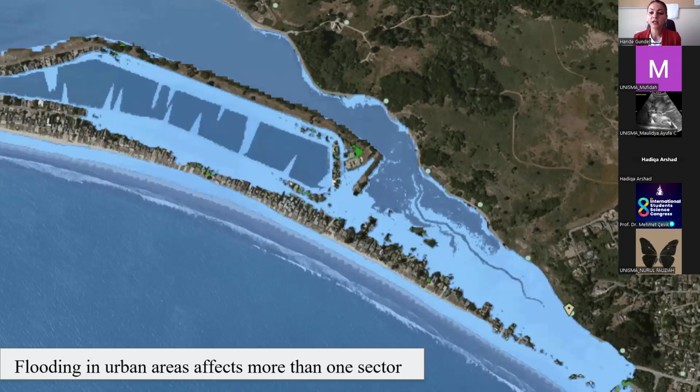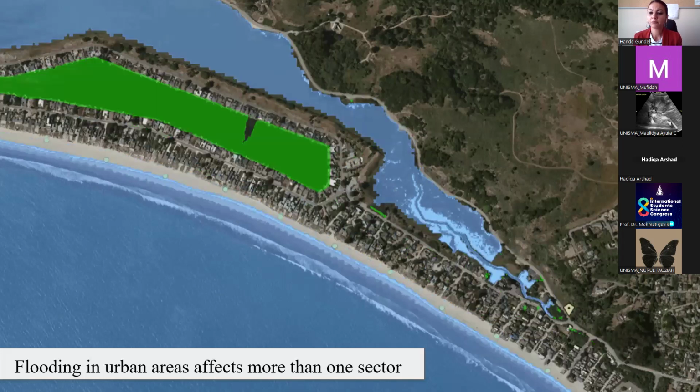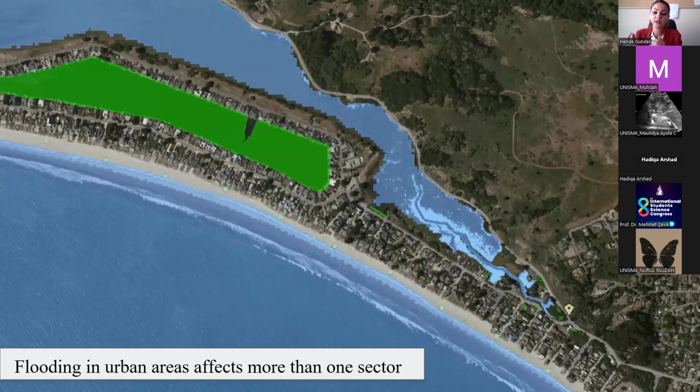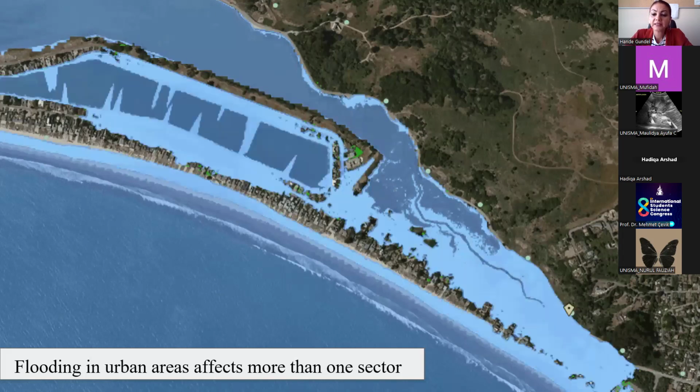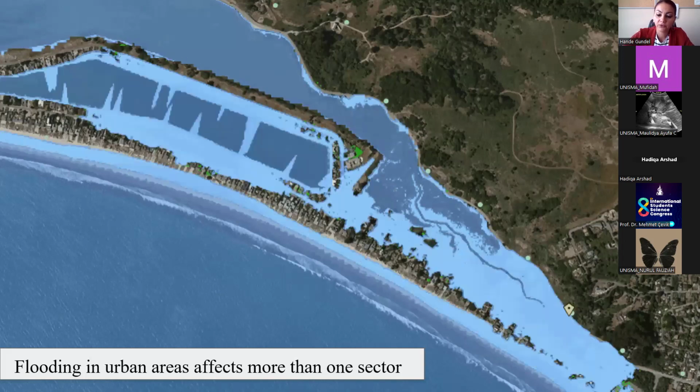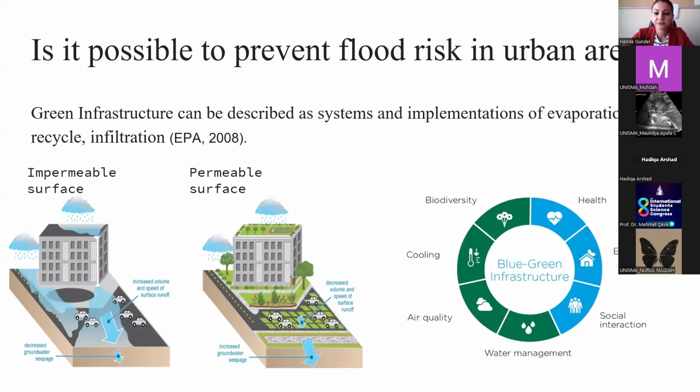And sixth one, disruption of power supply and telecommunication. And final, mixing of fecal matter in the flood water due to open defecation.